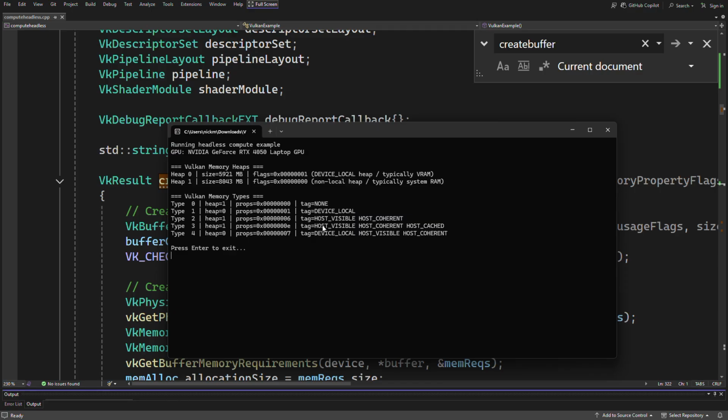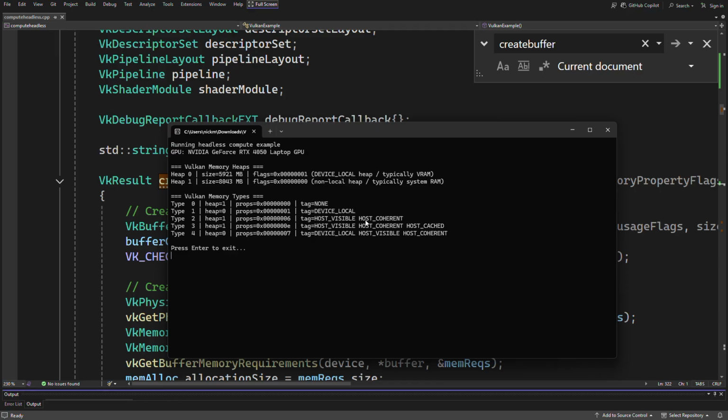Then you have type 2, which is host visible, host coherent. Host visible means CPU available or accessible. Host coherent means that the GPU is able to access the memory.